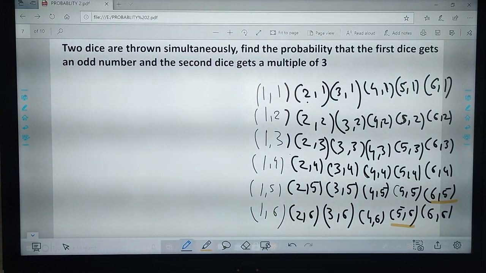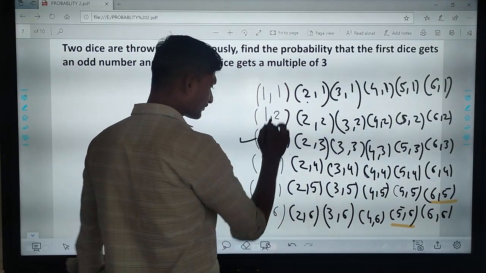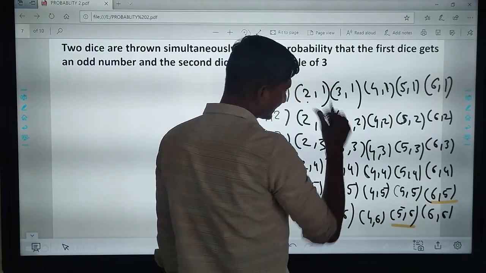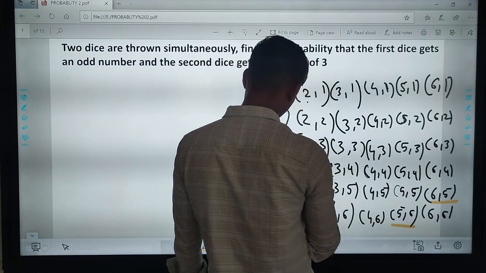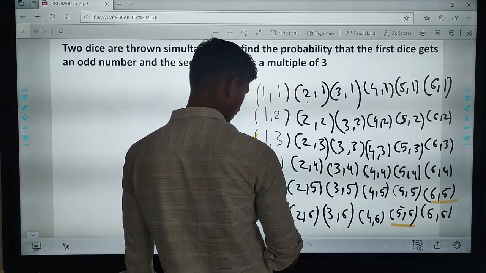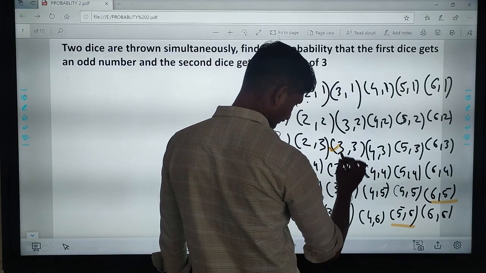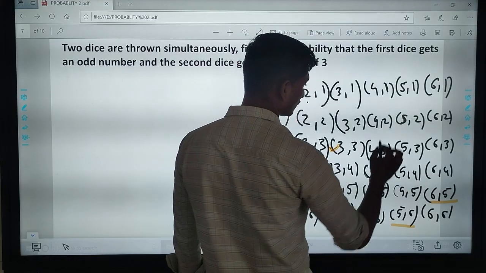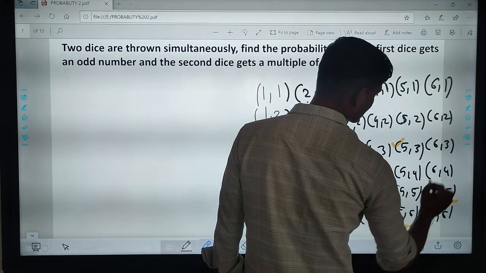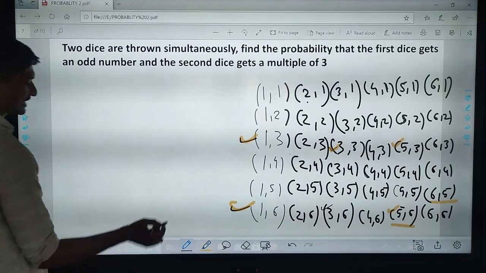Now here the first dice gets an odd number, 1, 3, 5, and the second is a multiple of 3, 3 or 6. Then we write the samples.